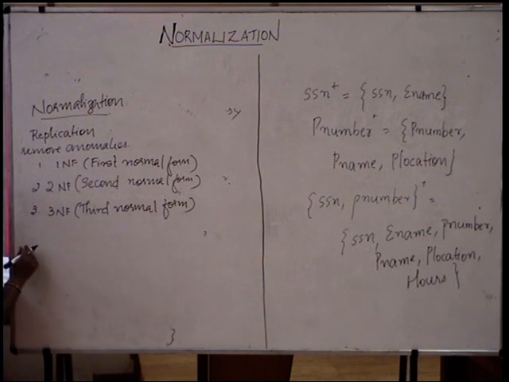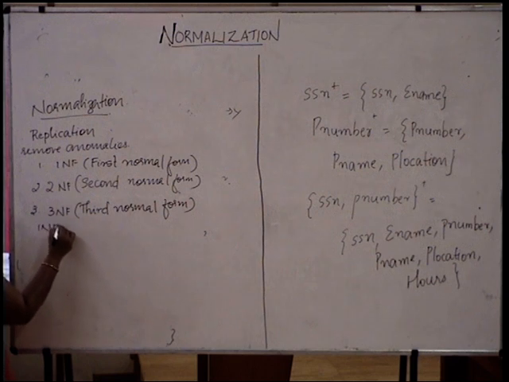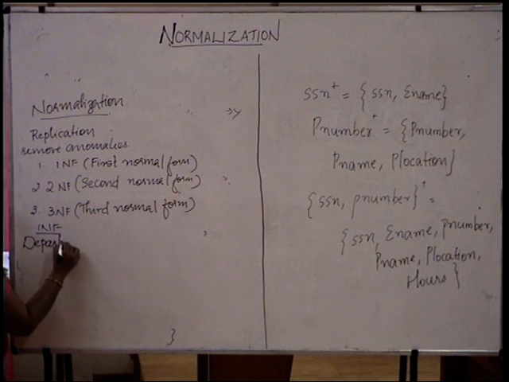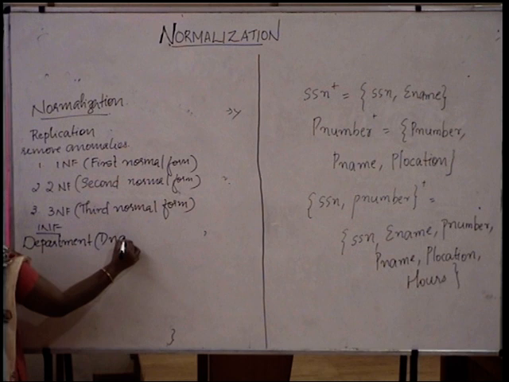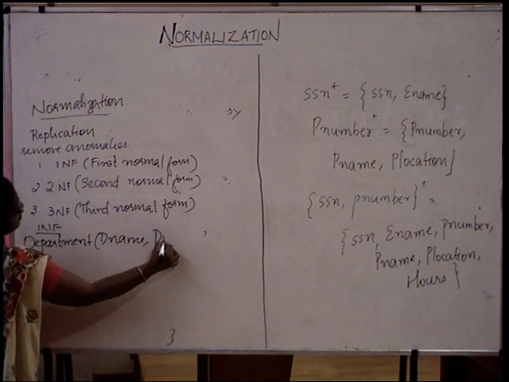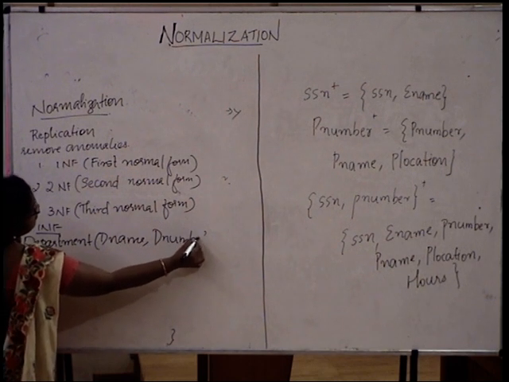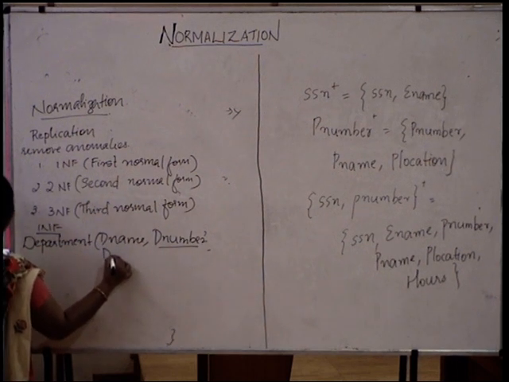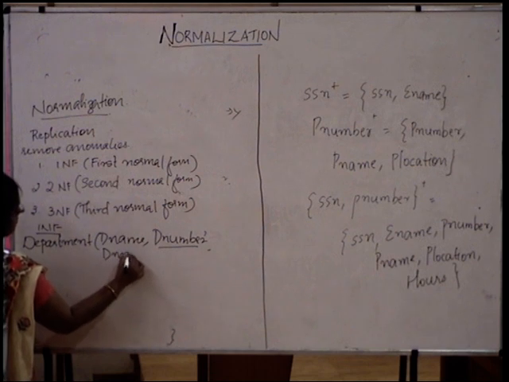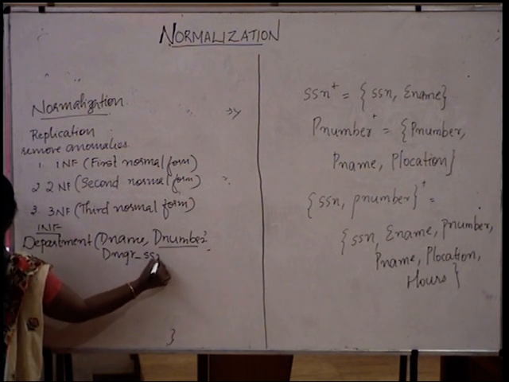So, given a table of department, the attributes are D name, D number, D manager SSN, D location.